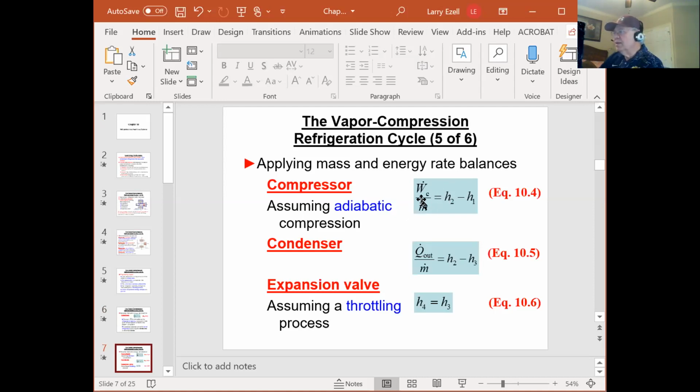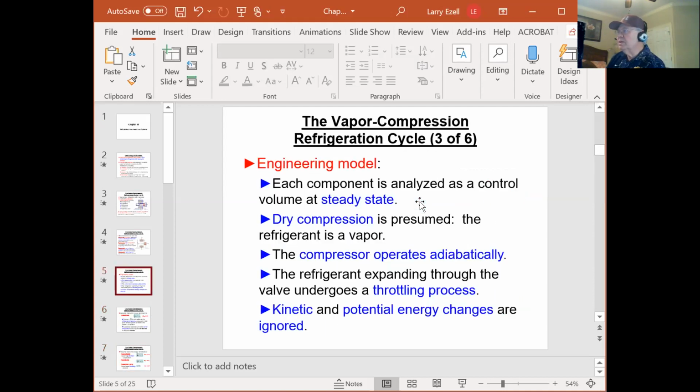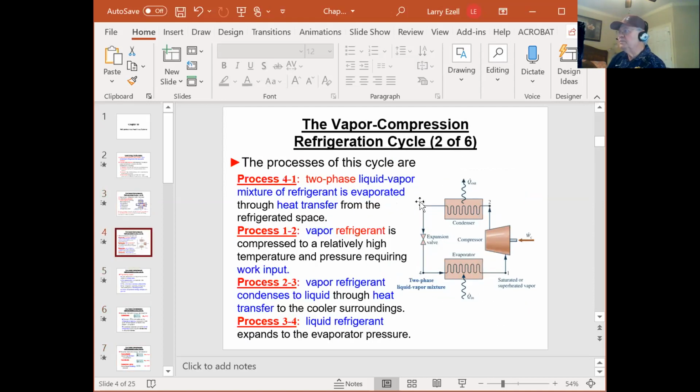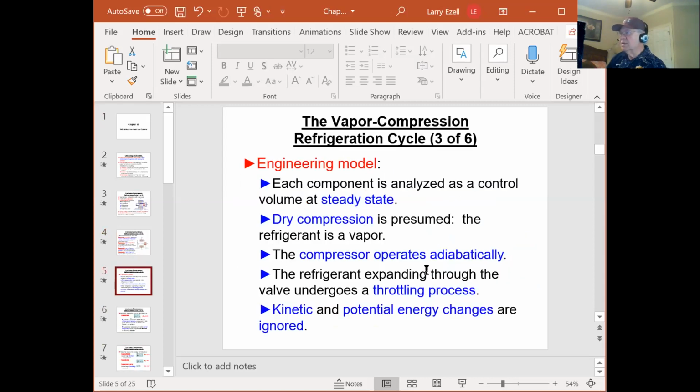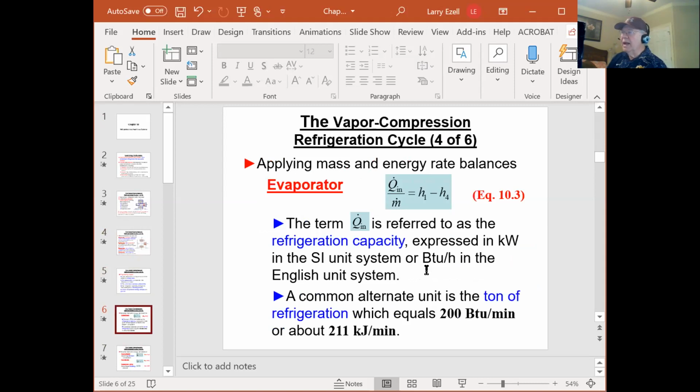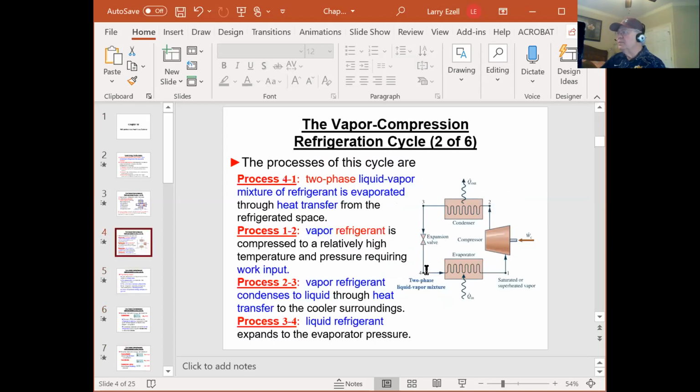All right, now if we look at the compressor, let's go back to the circuit. For the heat transfer in, the cooling capacity, it's m dot, the mass flow of the refrigerant, times, we want this to be a positive number, so it's H1 minus H4, sorry.